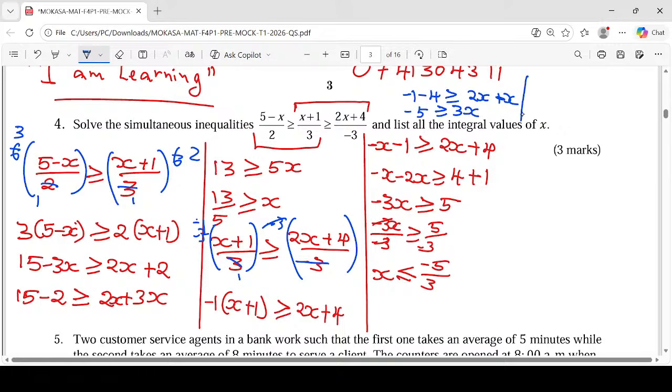And when you rearrange and divide through by 3, negative 5 over 3 is greater than or equal to x. Is it what we are getting here? Yes, we are getting the very same thing.